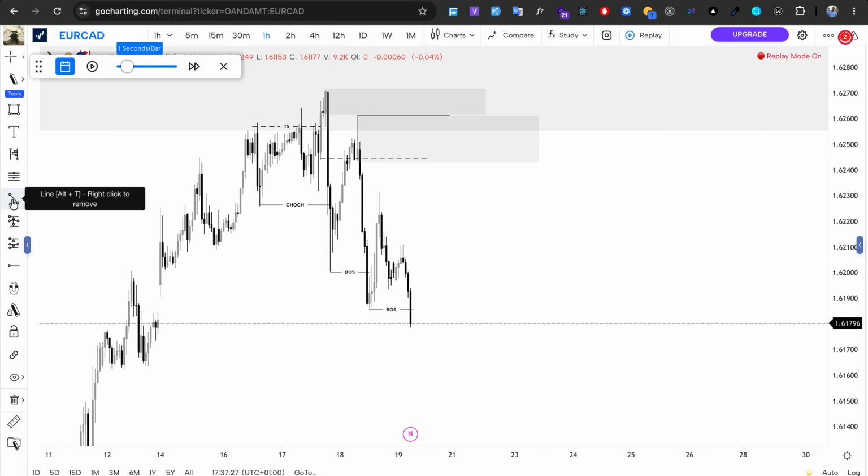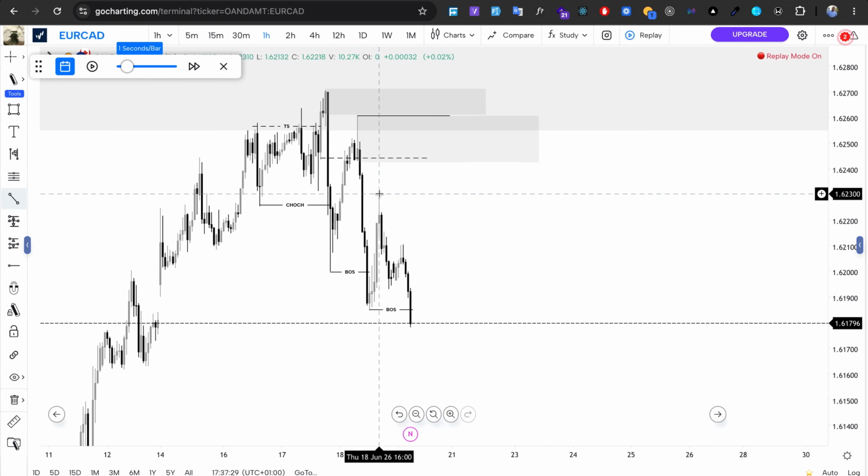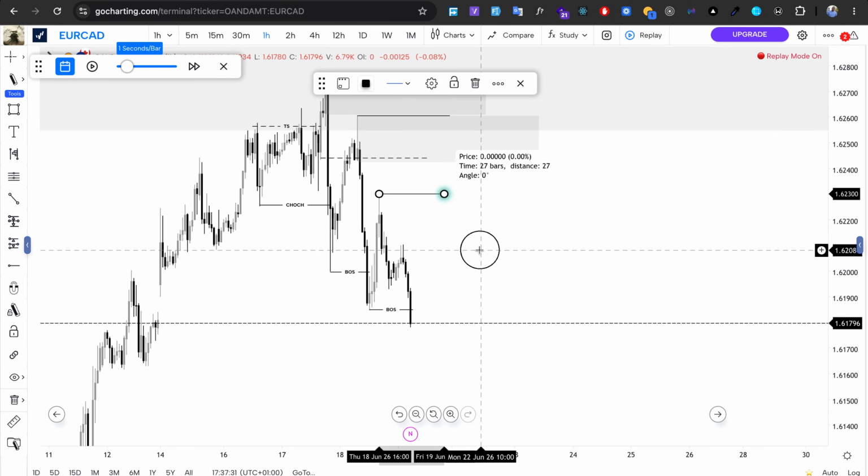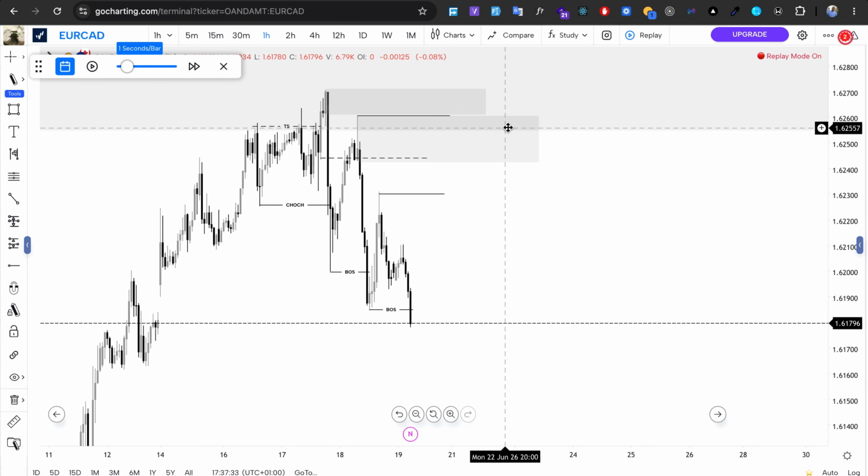I can consider this place now as a potential key level right now. But I have to look at how price reacts when we get there. So let me play.